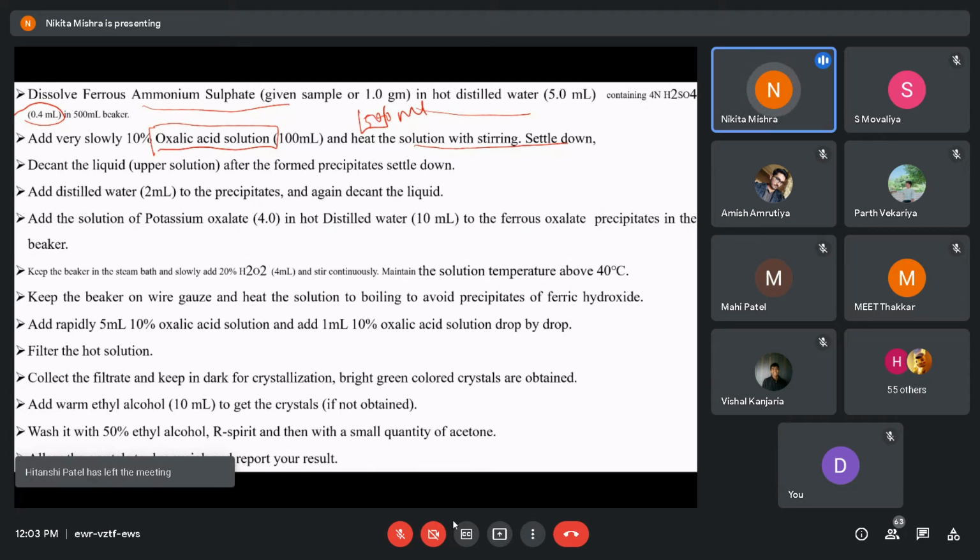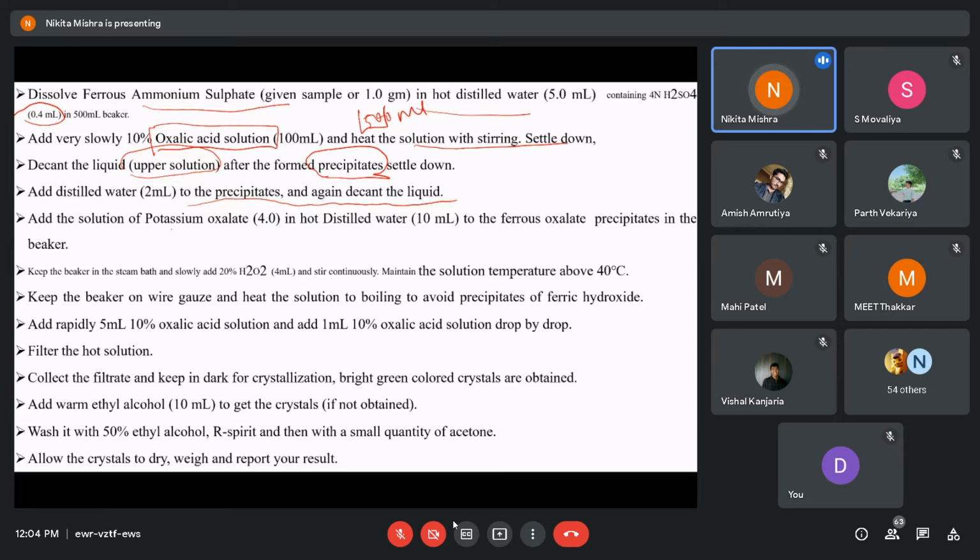The precipitates will be obtained and settle down at the base, and the upper solution will be decanted. Then we add distilled water, and again the excess liquid is decanted.